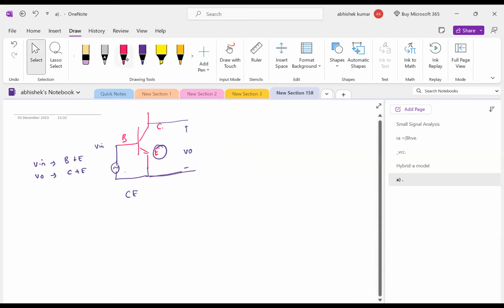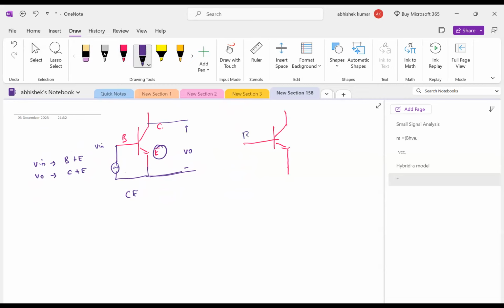Okay. Now take another case. We have base, and we have emitter here, and we are taking output from here, and we are giving input from here. This is your collector that is left out.